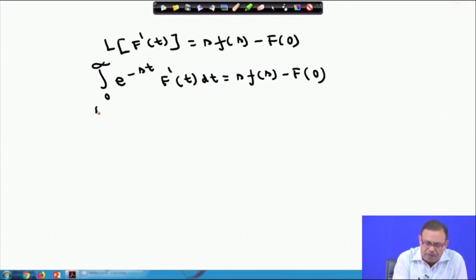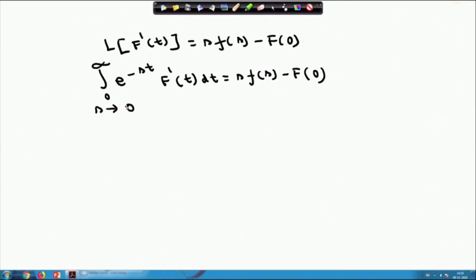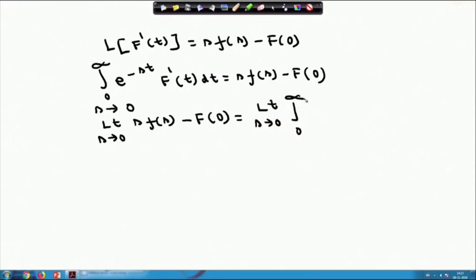So, as s approaches 0, we can write the limit as s approaches 0 of s F(s) minus f(0), again this will remain constant. This equals the limit as s approaches 0 of the integral from 0 to infinity of e to the power minus s t into f dash t dt.